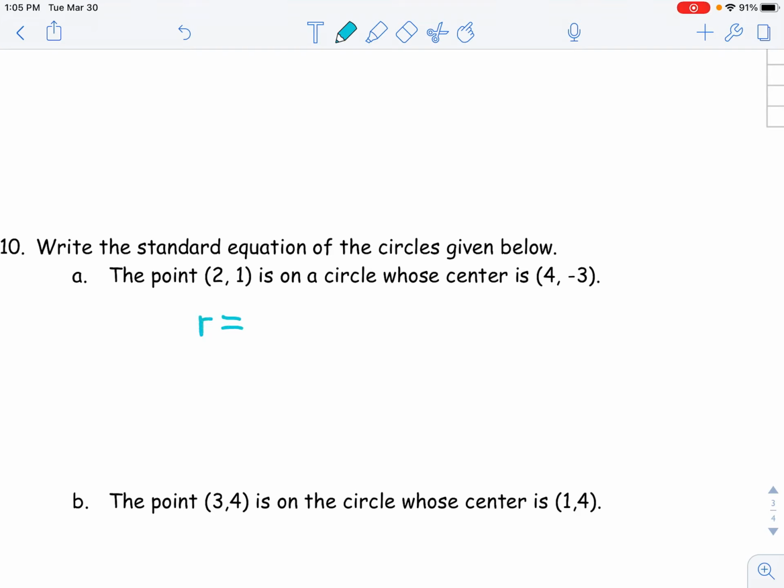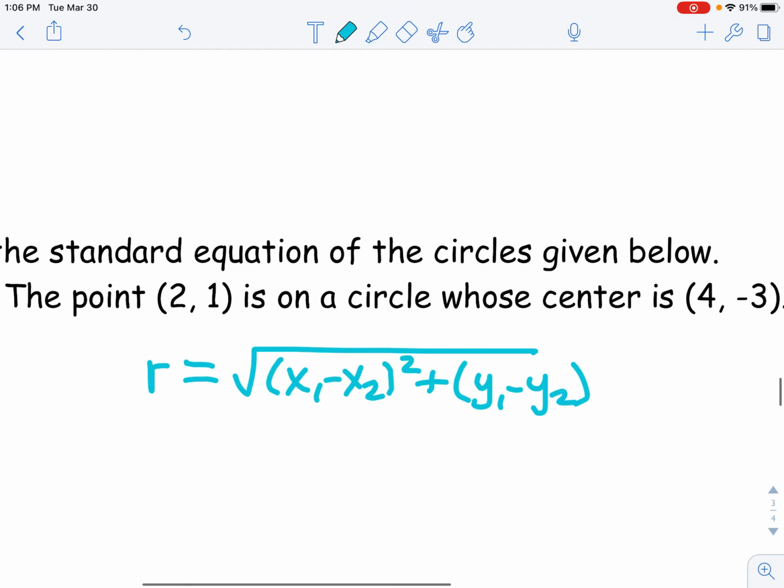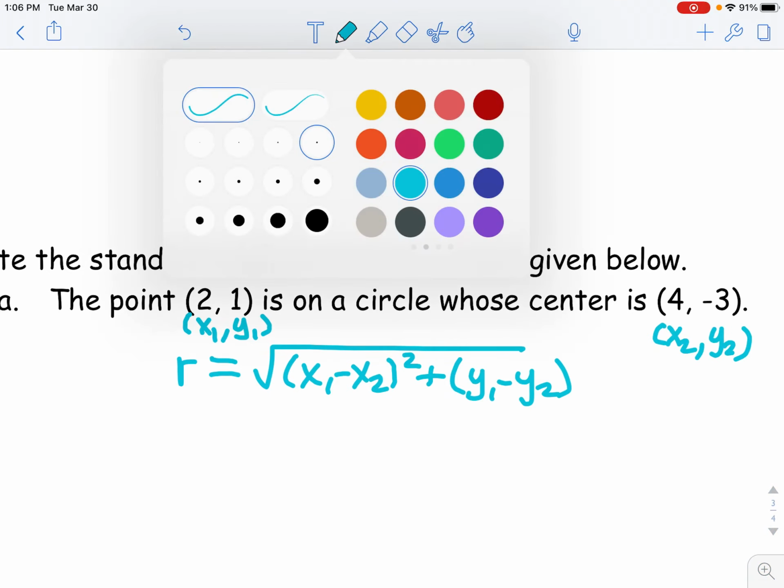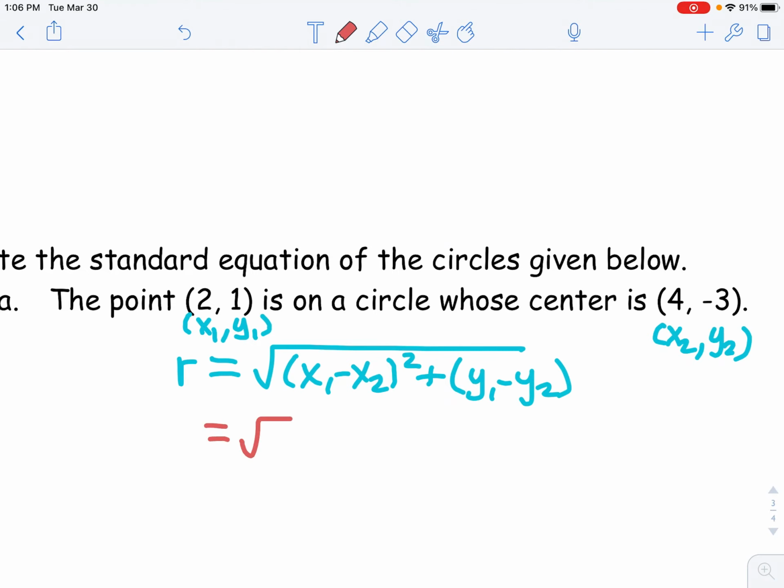All right, and the radius, remember, it's just the same thing as the distance formula. All right, that's all we got to do. All right, so I'm going to call this x1, y1, x2, y2. Remember, order doesn't necessarily matter. We just got to keep our x's and y's organized.